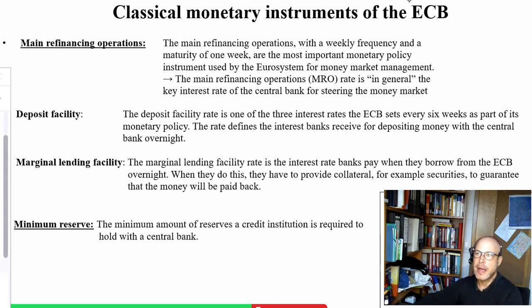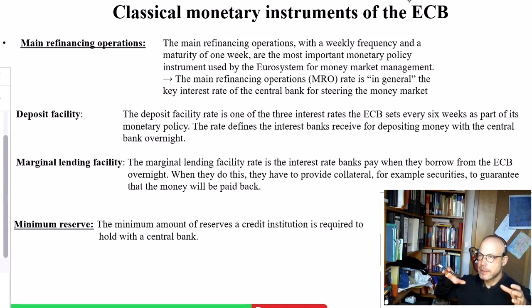Yeah, and now what kind of instruments do we have in our system? And for this, again, remember this minimum reserve requirement. We have a law that every commercial bank has to hold central bank money.